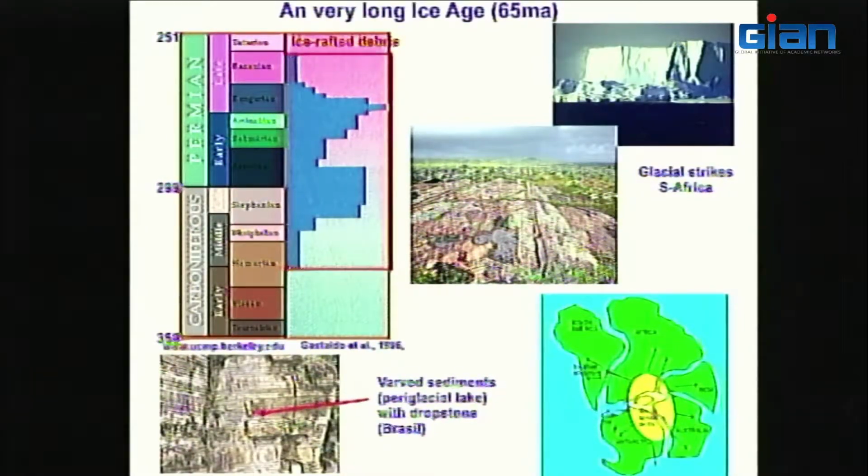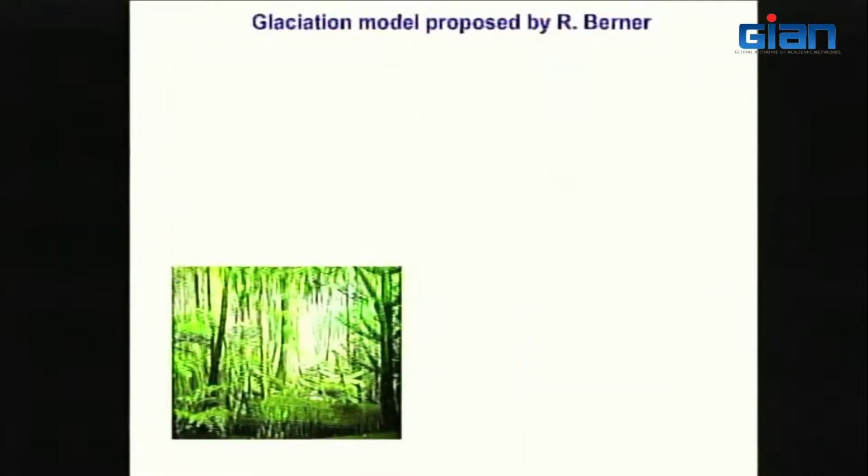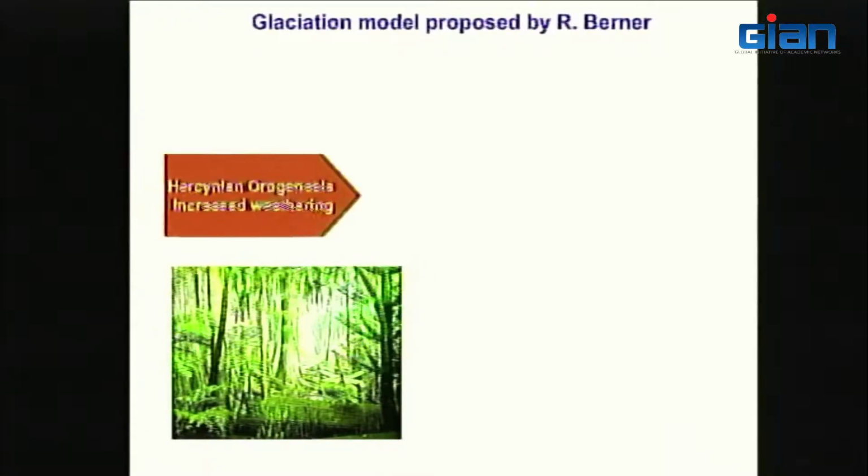What is the model about that? Again, it's a little bit the same as I said for the Devonian, the end Devonian. You have first the Hercynian orogenesis, some increased weathering, first of all, and especially you have this huge forest and some deposits of carbon leading to CO2 sequestration.